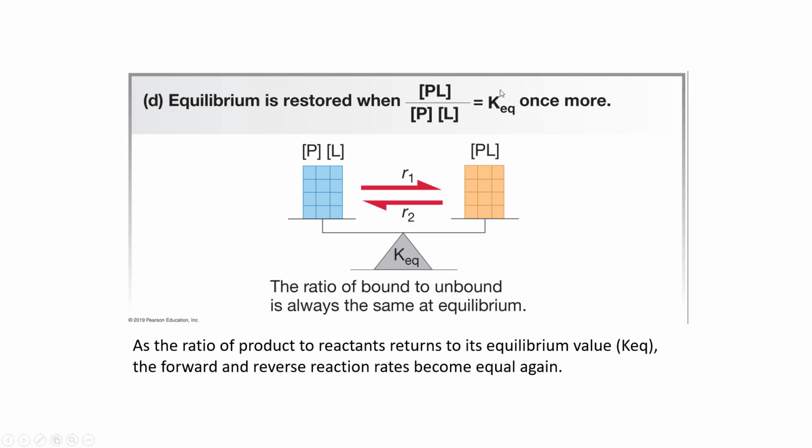KEQ is a constant, so it doesn't actually change, but this ratio would temporarily change because you added more P or L or more P and L. Eventually, given that the temperature and other conditions like pressure and so forth are all constant, the system would come back to an equilibrium in which this ratio of PL over P multiplied by L would still equal the equilibrium constant.